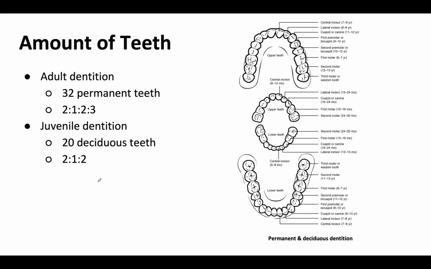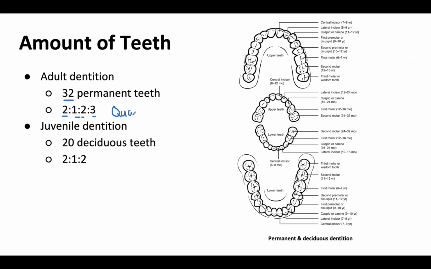And the amount of teeth depends on age and life, and of course there's variation. So a complete set of adult teeth, or adult dentition, includes 32 permanent teeth. And you may see this equation-like setup here, 2, 1, 2, 3. This is showing how many of the types of teeth per quadrant.